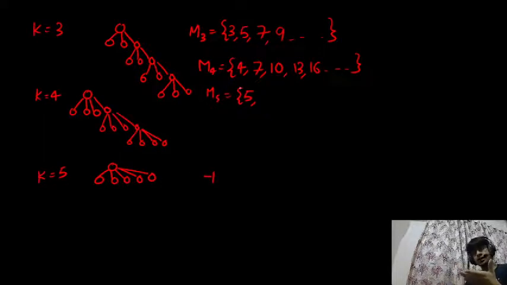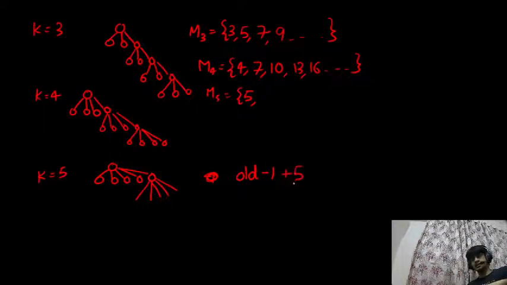So this particular node is no more a leaf, so there is always a minus 1. Whatever value we had, this is the old value. So old value minus 1 is always there, because whatever leaves were present previously in the old structure, this is the old structure where we'll be making the new structure, there will be a minus 1 because you will be attaching 5 children below this. So minus 1, but you also added 5 children, so plus 5.